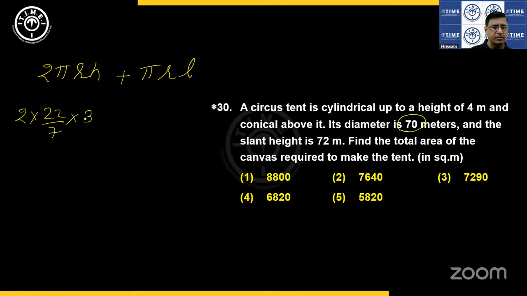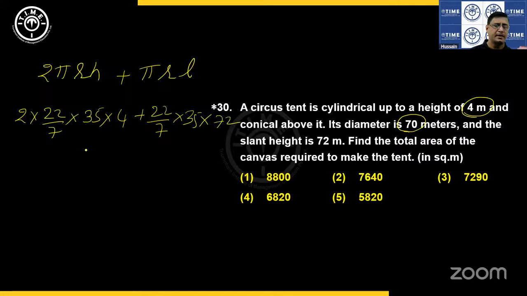What about the height? That is 4. And the slant height of the conical part, that is 22 by 7, r value. What is the r here? r is equal to 35, and slant height is equal to 72.